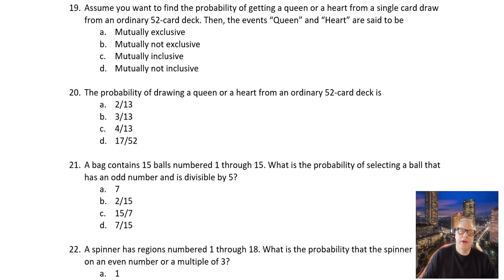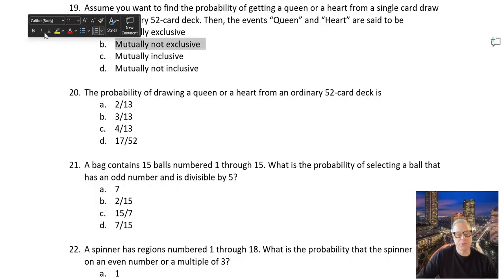Assume you want to find the probability of getting a queen or a heart from a single card drawn from an ordinary 52 card deck. Then the events queen and heart are not mutually exclusive, because you can get the queen of hearts.